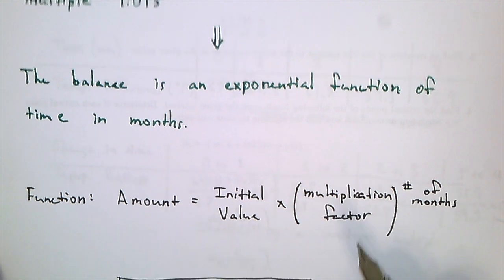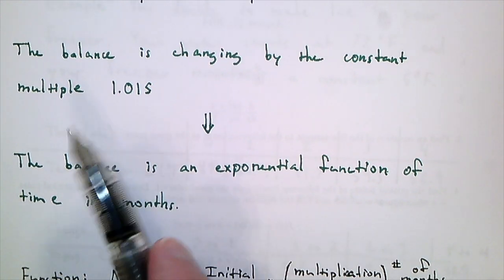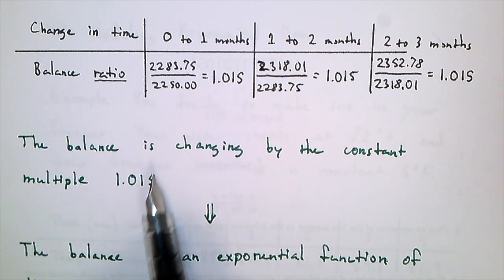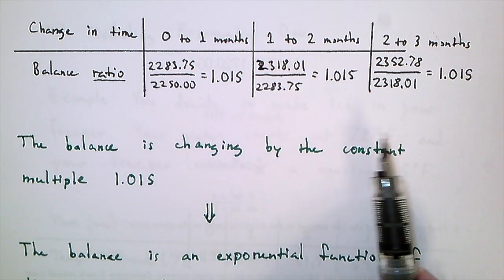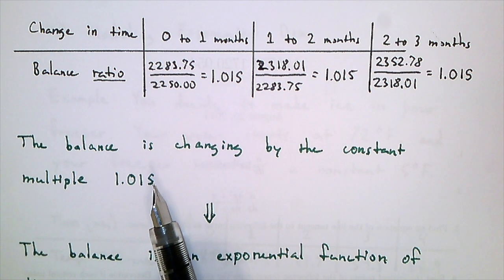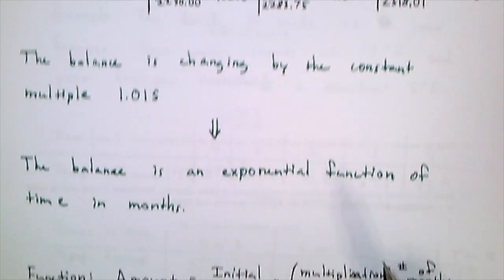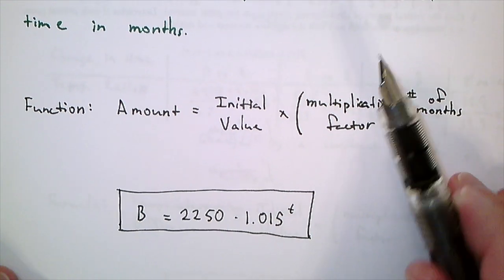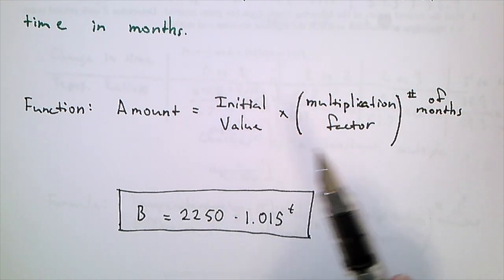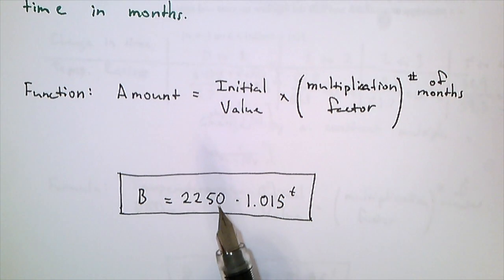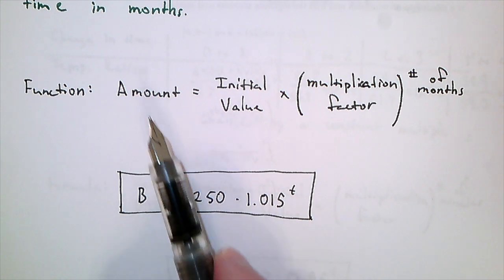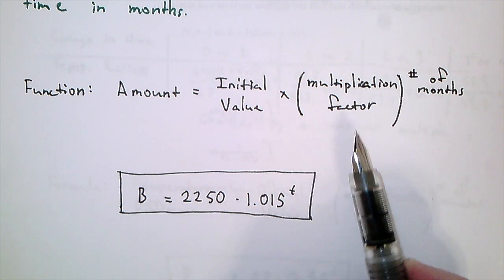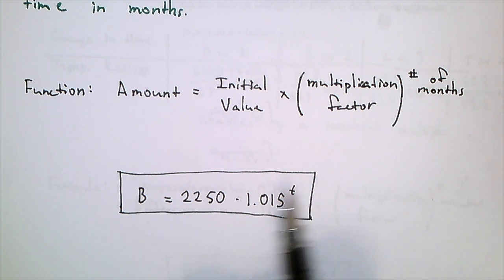For the multiplication factor, we go back to our conclusion up here that each time we go up a month, we're multiplying by 1.015. So that's our multiplication factor. Then just plug in these two numbers and pick variable names. Here I've chosen B for balance and T for the number of months. So T for time, B for balance.